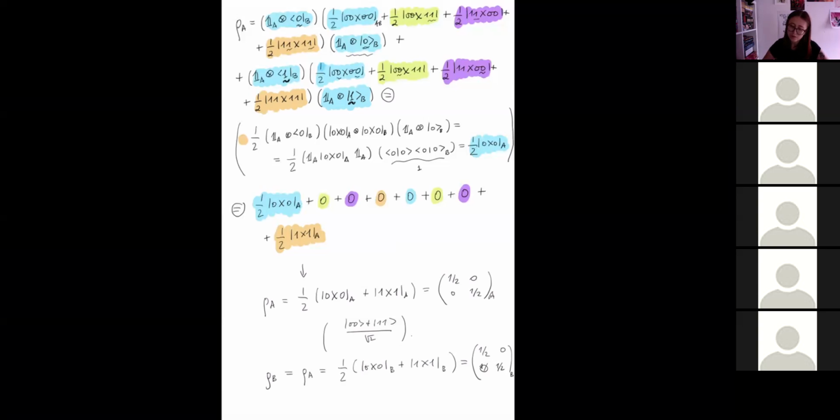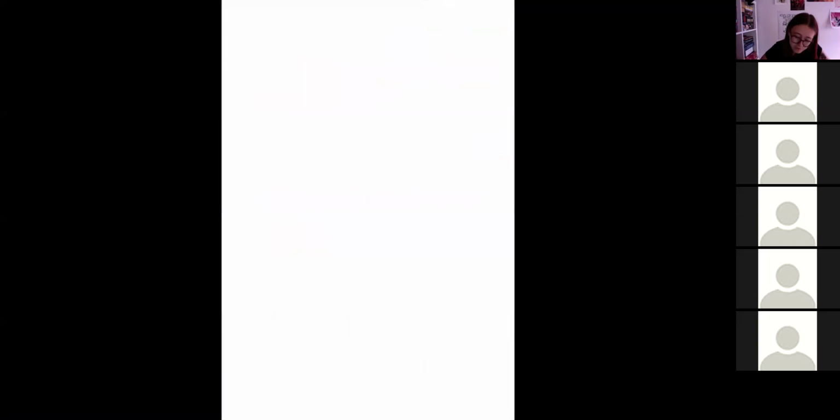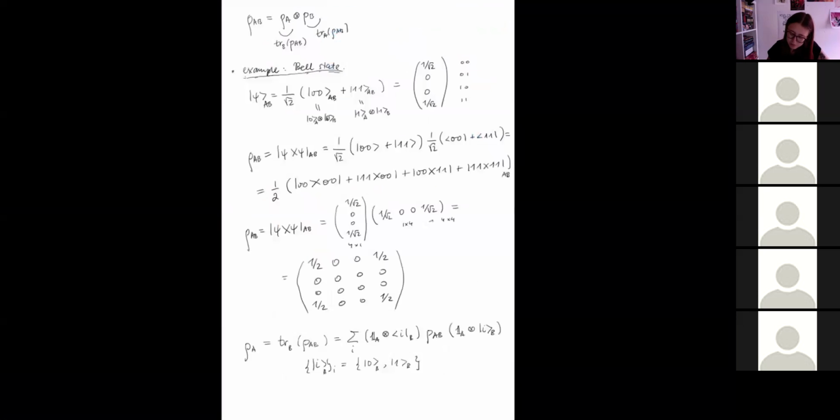Okay, now let us look at the following. Let us compare two things: the matrix of the joint state on A and B, and the tensor product of the reduced matrices on the systems A and B. The matrix of the joint state AB that we already computed is the following.